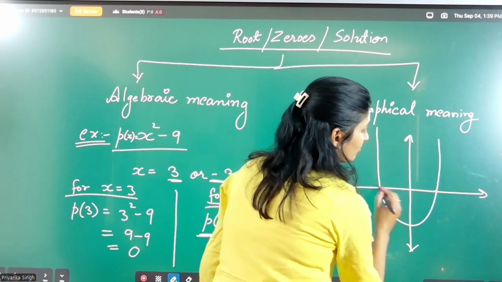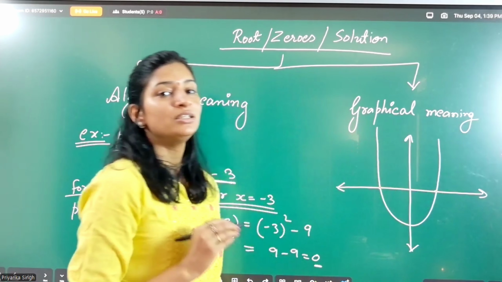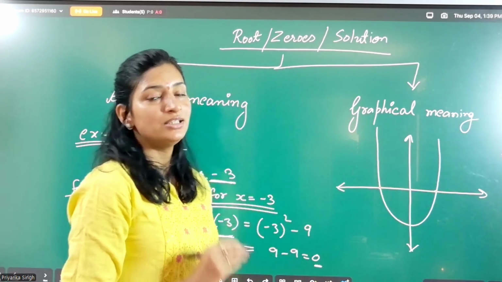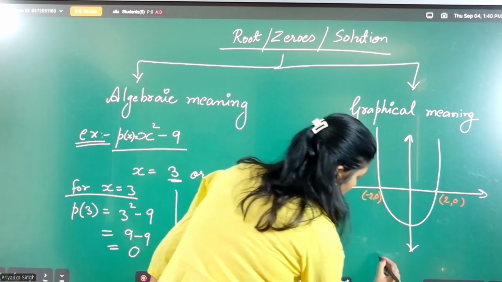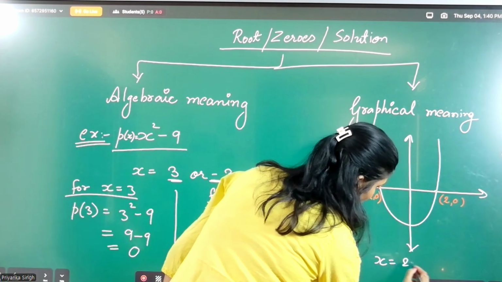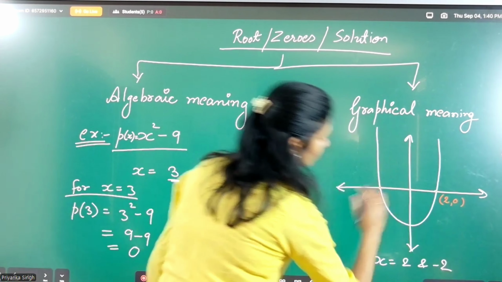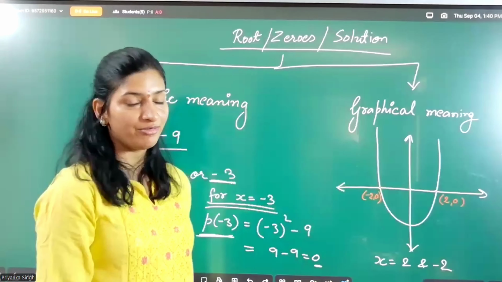So these 2 points are the zeros of the given polynomial. Suppose this point is 2 comma 0 and this point is minus 2 comma 0. I am assuming that it is minus 2 comma 0. So the zeros are 2 and minus 2 for this particular graph.